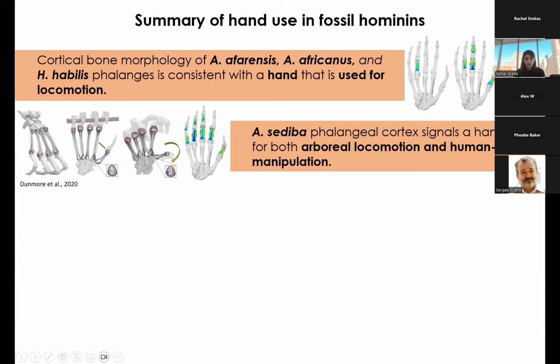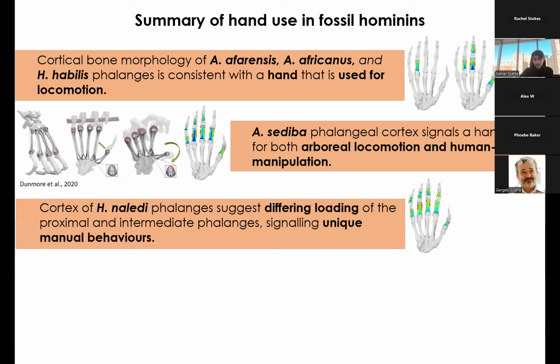So maybe different signals from the fifth digit compared to the thumb, but overall the hand is showing quite a strong signal of having the ability to consistently perform well in both locomotion and manipulation behaviors.